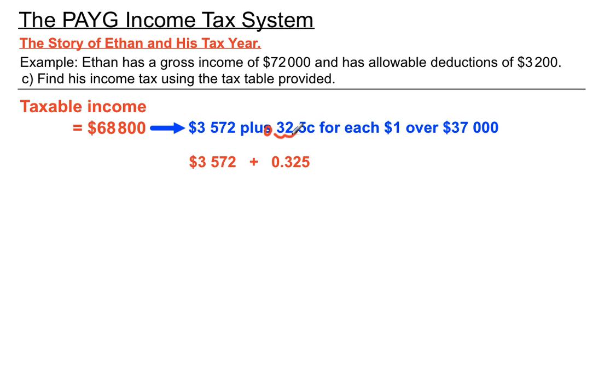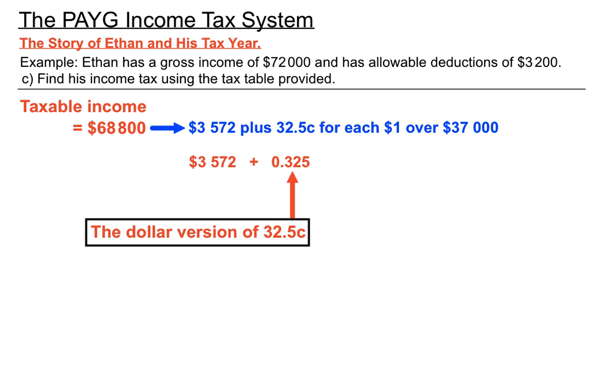I've basically divided that by 100 to turn cents into dollars. So that's how we do that. Now that's pretty important. If you don't do that, it's very unlikely you'll get the question correct. So we've turned that into the dollar version of 32.5 cents, $0.325 dollars, really, we're saying there.